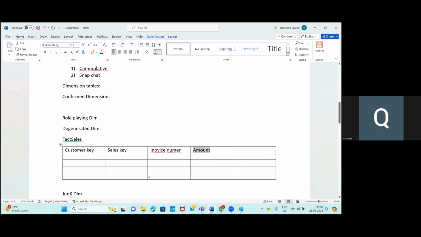By using this invoice number, can we derive something?